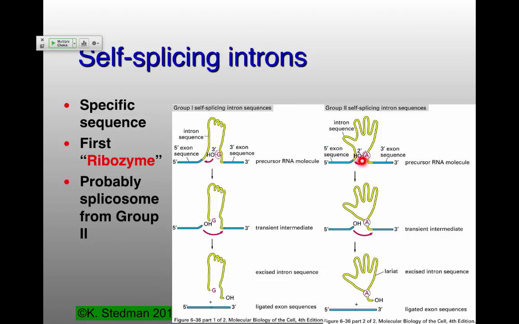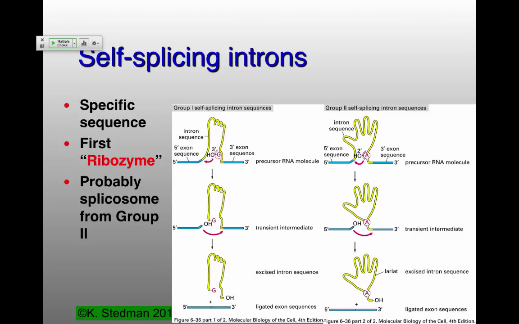It forms a 2', 5' phosphate ester bond, this lariat structure, etc. And if you look now at the sequences of all of these U4, U5, U6 RNAs, some of them are really quite similar to the sequences you see in these self-splicing introns. So it's not surprising that the active parts of the spliceosome we know now are similar to some of these self-splicing introns.